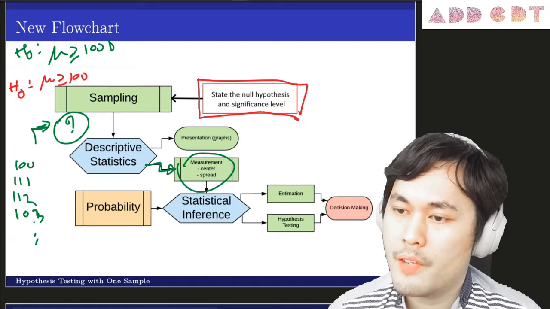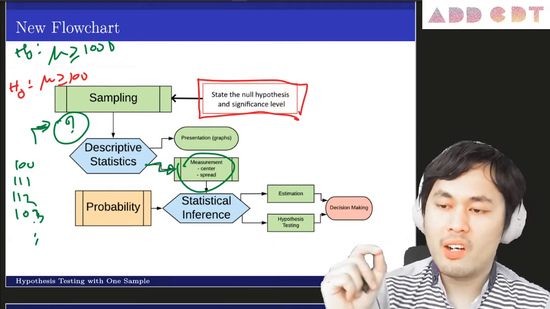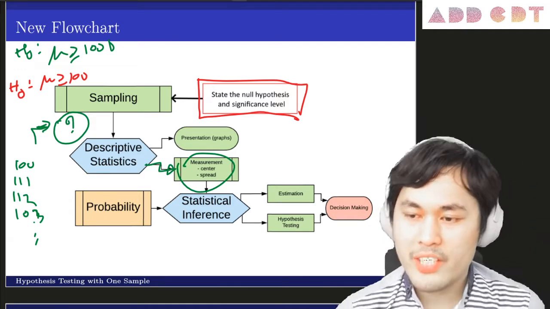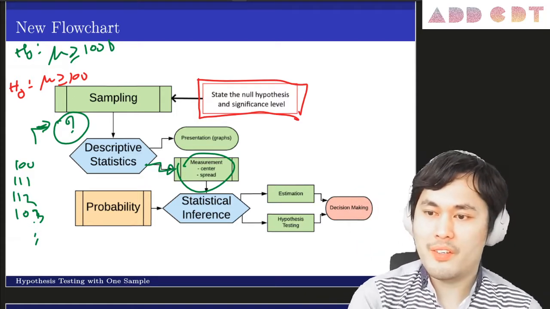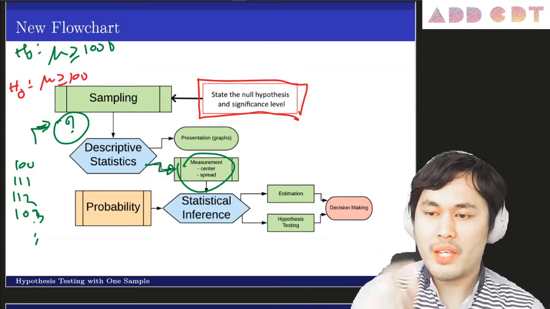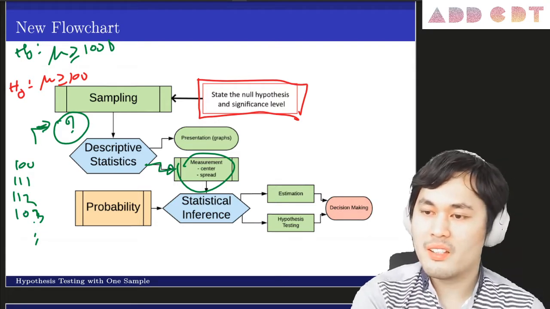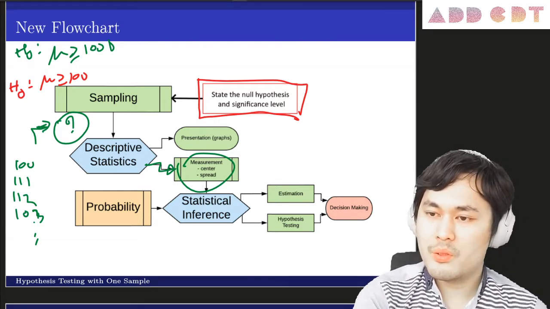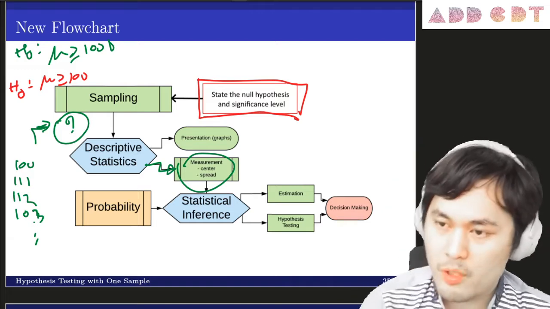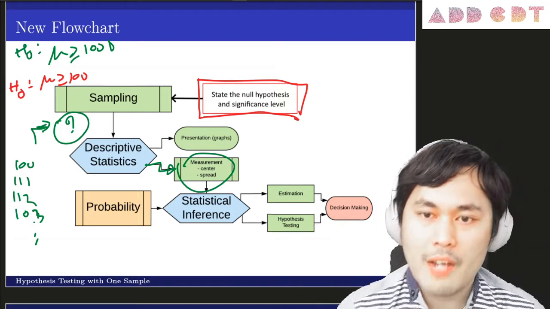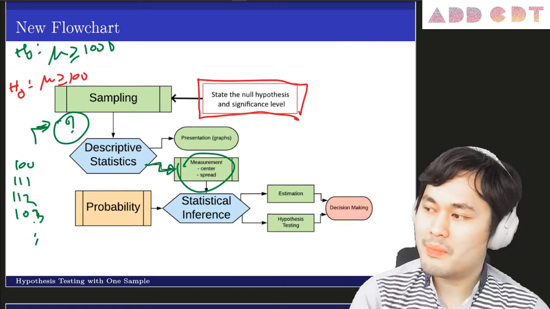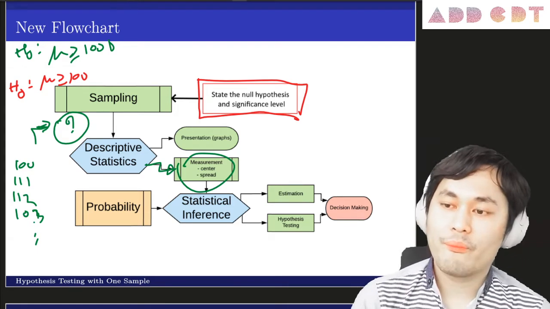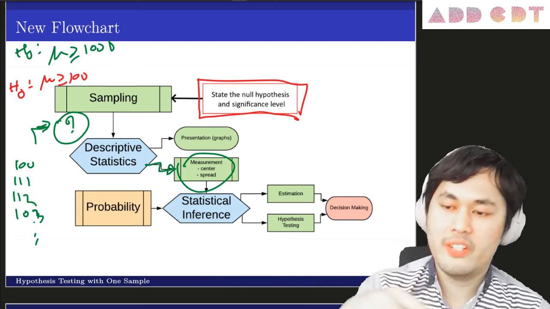But then again, if you look at the raw data, you are already biased because you kind of see the result. You get some idea of the result already, and if you set up your null hypothesis after that, then again you are going to be aware of it, because you see those already.